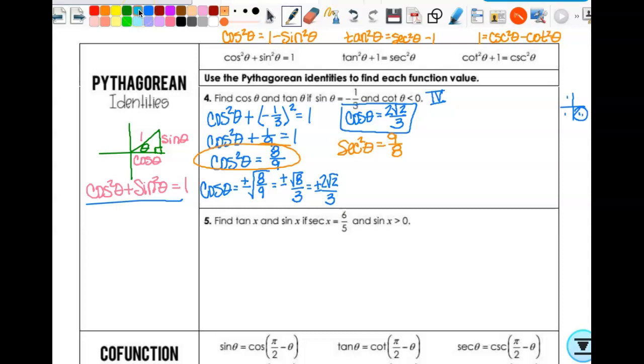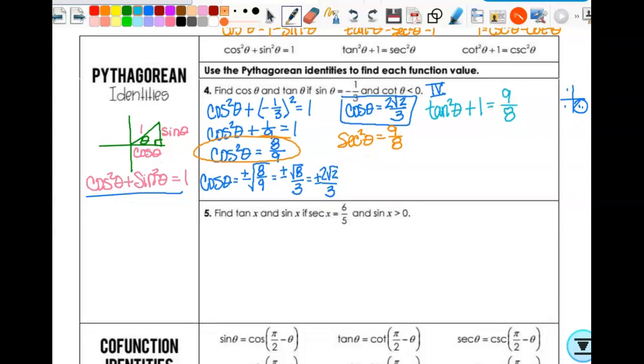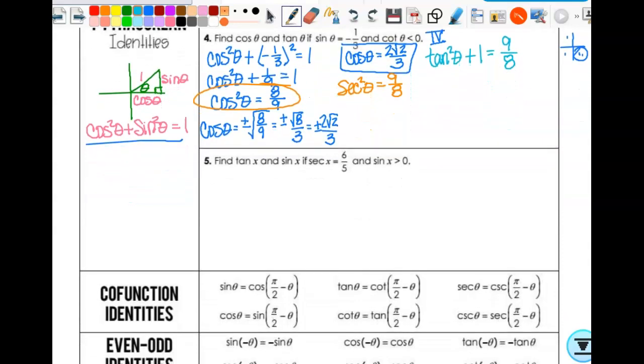So tangent squared theta plus 1 equals secant squared, and secant squared is 9/8. I'm not squaring it. It's already squared for me. Then I subtract 1 from both sides. What's 9/8 minus 1? 1/8.